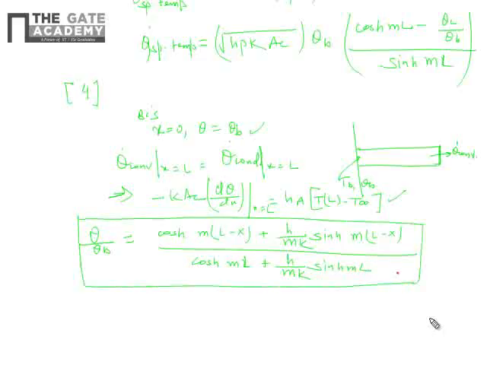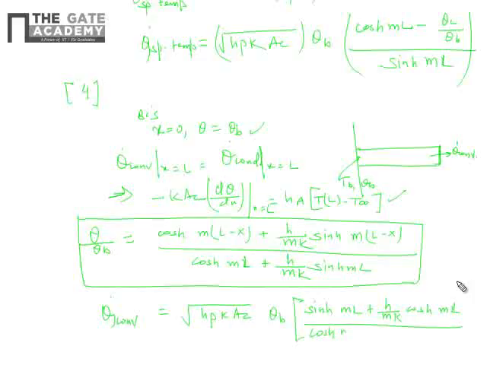And the rate of heat transfer through the fin, q dot convection fin, is given as root of h P k Ac into theta b, multiplied by sinh mL plus h upon mk cosh mL, upon cosh mL plus h upon mk sinh mL.